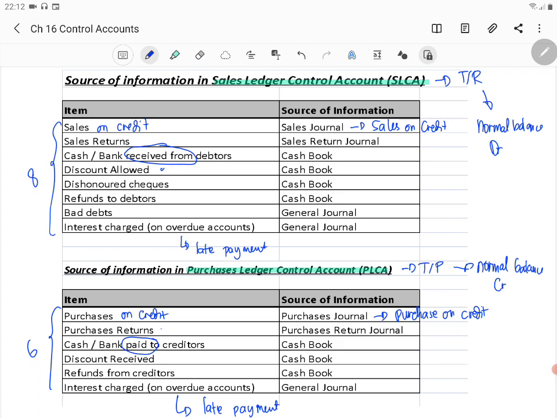Now there is a possibility when TR has a credit balance, and there is also a possibility of TP having a debit balance. This is called abnormality.